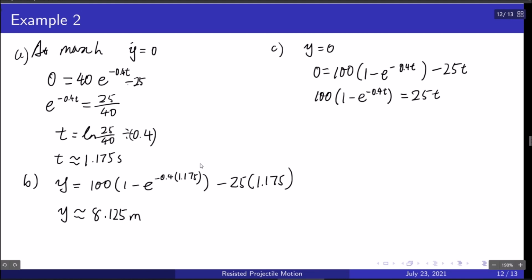As you can see here, we actually have two expressions: y equals 100 times (1 - e^(-0.4t)), and y equals 25t. So we have a curve and a straight line, and we can find where they intersect, because their intersection will provide us with a t value that works for both of them.